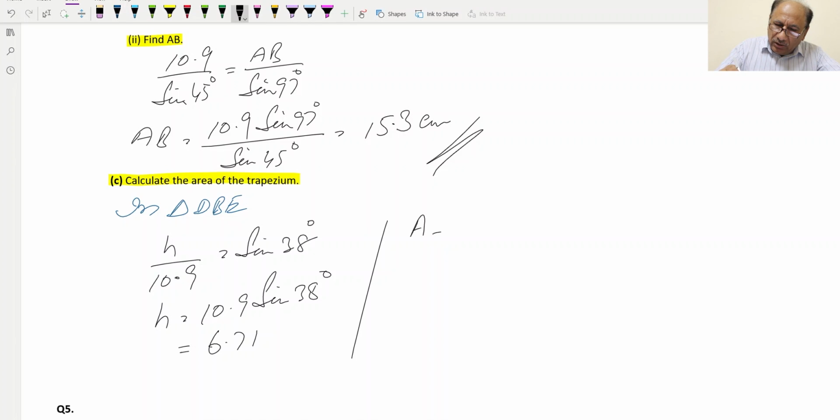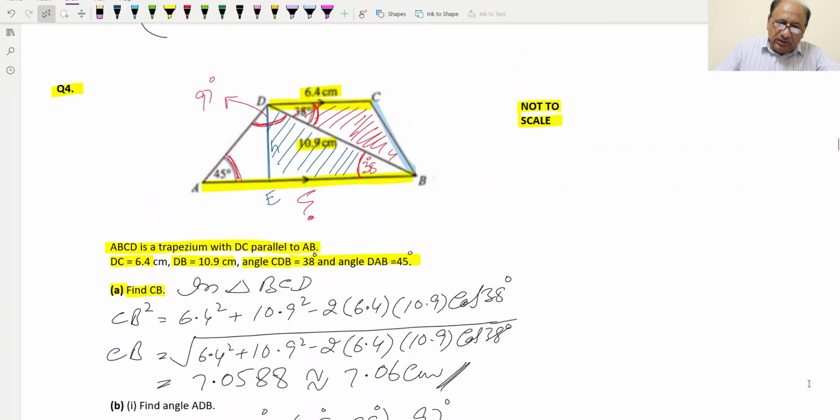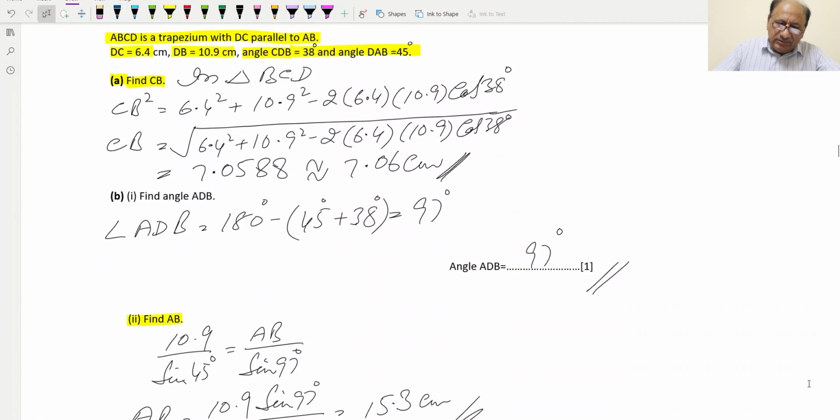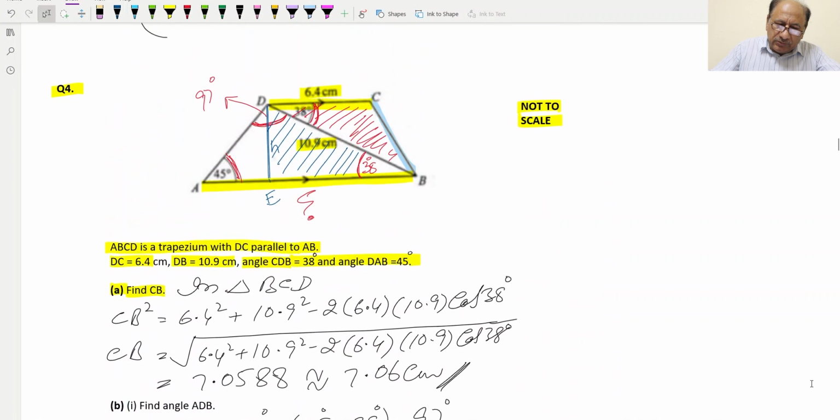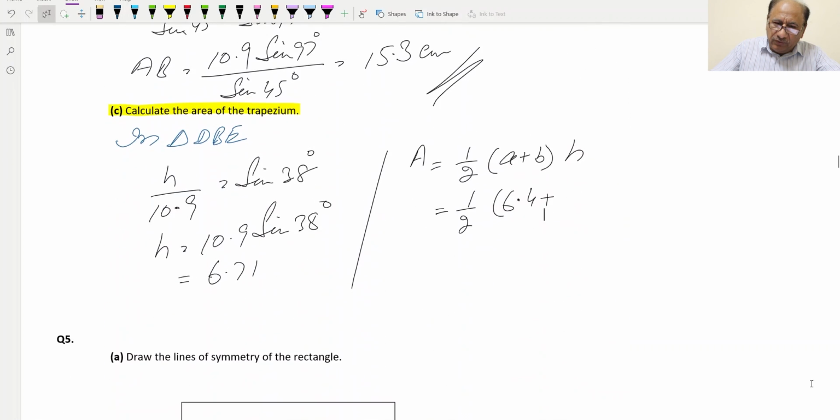Area of trapezium which is required is equal to half into A plus B into H. This will be the trapezium formula, and this will be DC is 6.4, and AB we found which is 15.3, so plus 15.3 into H value which we just now found which is 6.71, and this one we can calculate.